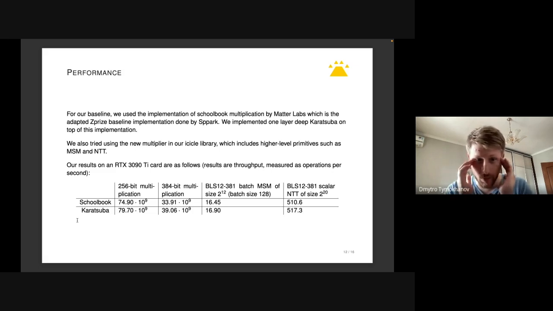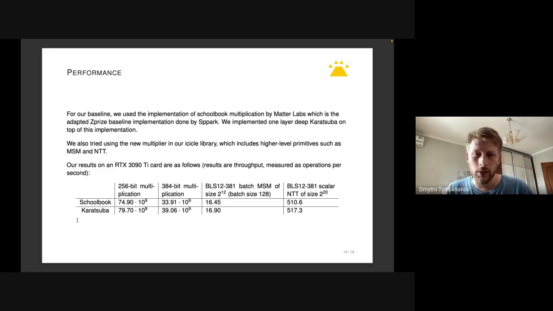So what we got is basically that Karatsuba performs maybe some 6% better on 256-bit, and I think 13% better on 384, which is expected because the larger the size, the larger the gap between Karatsuba and just the default method.